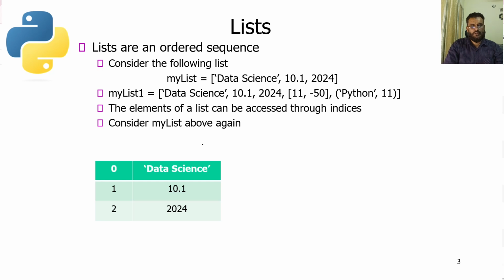If we are making use of positive indexing, then indexing starts from 0 and goes to 1 less than the number of elements in the list. So in this case, there will be 0, 1, and 2 index numbers to access these elements: data science at index 0, 10.1 at index 1, and 2024 at index 2.